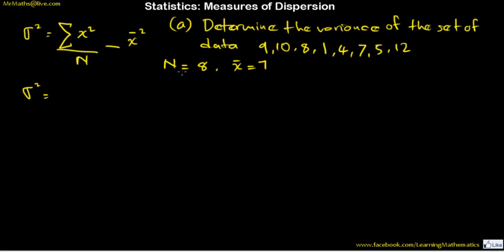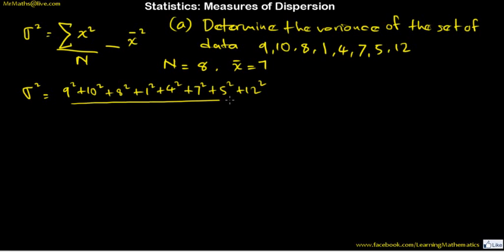Summation of all the squares of this data, so that is 9 squared plus 10 squared plus 8 squared plus 1 squared plus 4 squared plus 7 squared plus 5 squared plus 12 squared. So these are basically very large numbers. If you feel that the first formula is more suitable for you, then just use it. This is quite large numbers to handle.